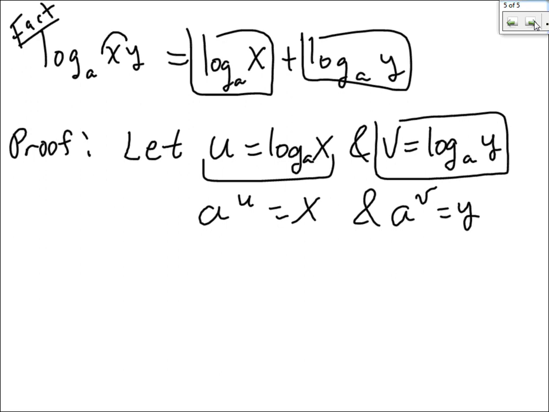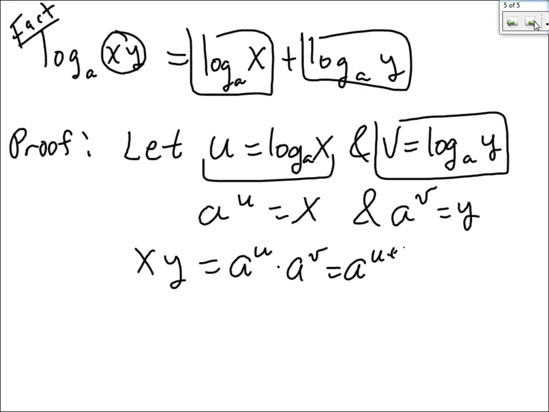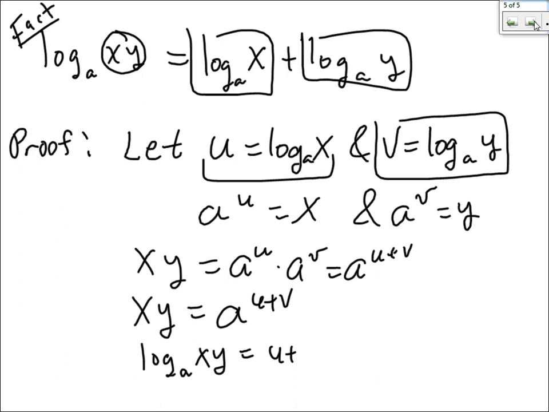Now, I want to know about xy. Okay, so x times y is x, which is a to the u, times y, which is a to the v. This is a to the u plus v. So let's write this down again. xy is a to the u plus v. But you know what? This is the same as log base a of xy equals u plus v, because a to the u plus v is equal to xy.